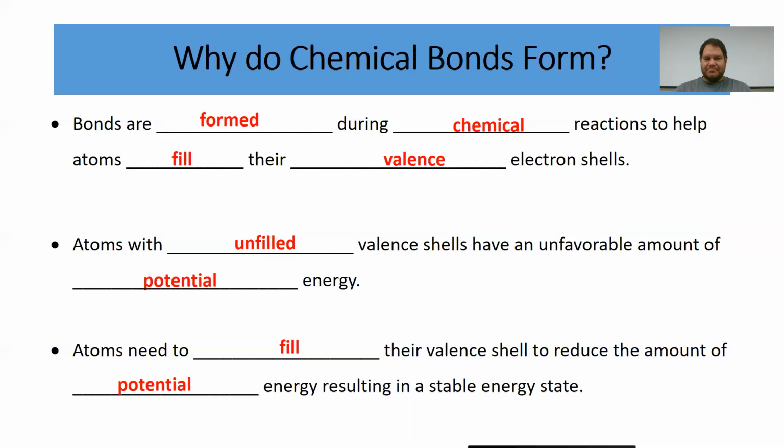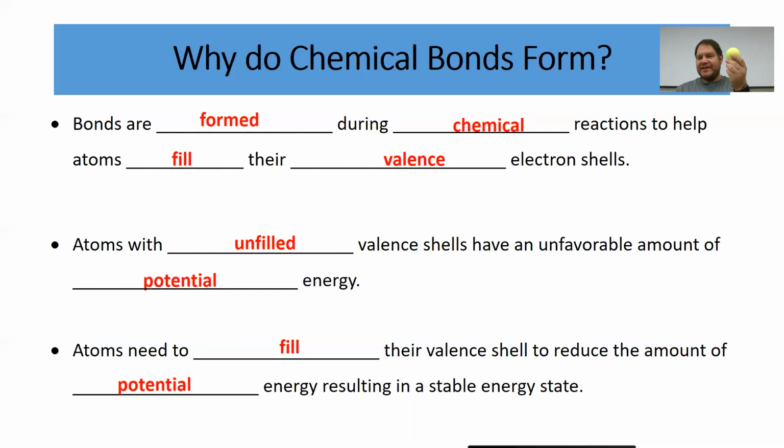In short, bonds are formed during chemical reactions to help atoms fill their valence electron shells. So atoms that have unfilled valence electron shells are going to have an unfavorable amount of potential energy. So in other words, what we're saying is, going back to our tennis balls, as these are single atoms that do not have full valence shells, right?